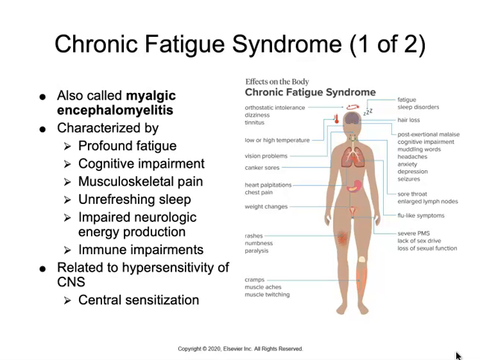And the pathophysiology is still unclear at the moment. Some other signs of this syndrome are going to be visual changes, chills, night sweats, GI issues, and chest and jaw pain.